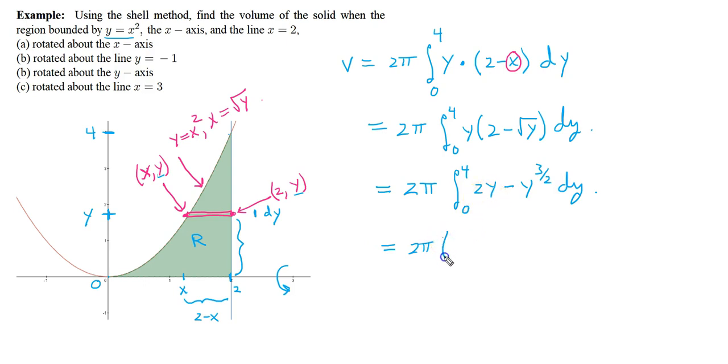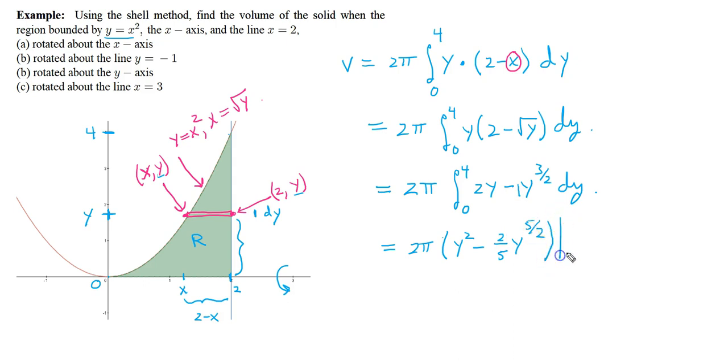The antiderivative of 2y is y squared. For y to the 3/2, I add 1 here, I get y to the 5/2. And I have to multiply by 2/5 out here to counteract the 5/2 if I were to differentiate by dropping this down. So the 2/5 would cancel, and I would get back a 1, which is right there.